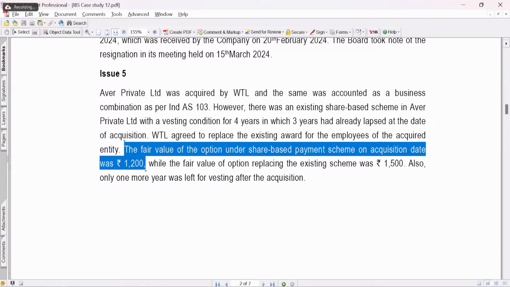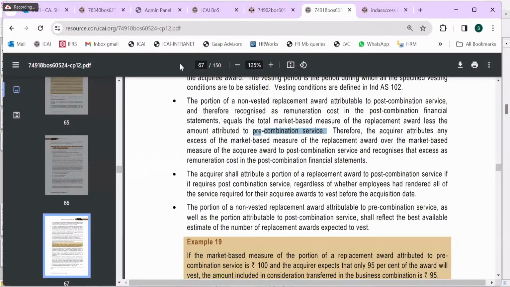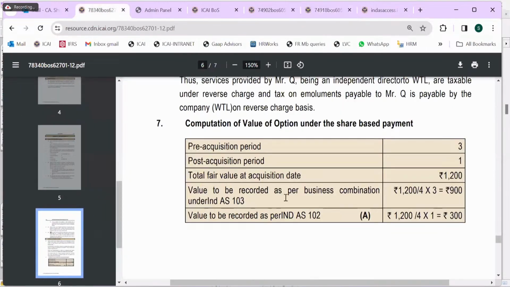So let us see the solution simultaneously, so that we can go through this answer. Your fair value of the original award is 1200 divided by 4 years multiplied by 3 years, we get the amount rupees 900, which forms part of the purchase consideration as per Business Combination Ind AS 103 and also as per Ind AS 102.